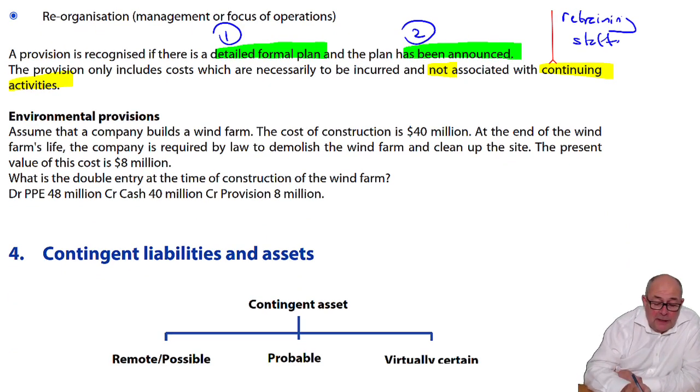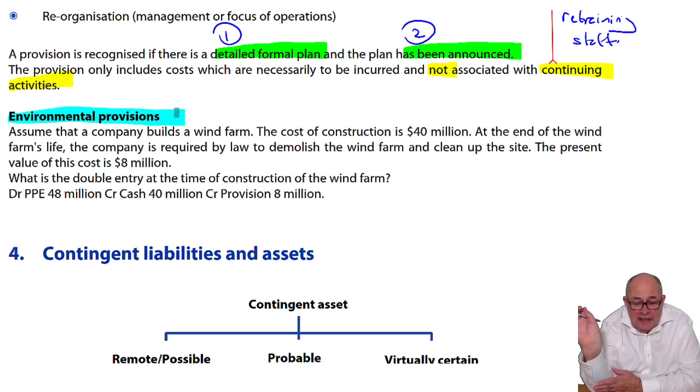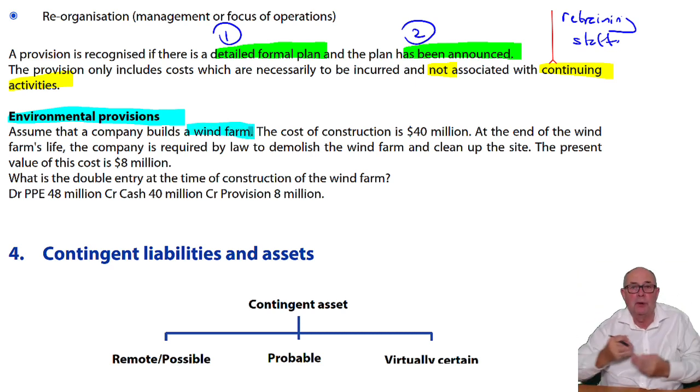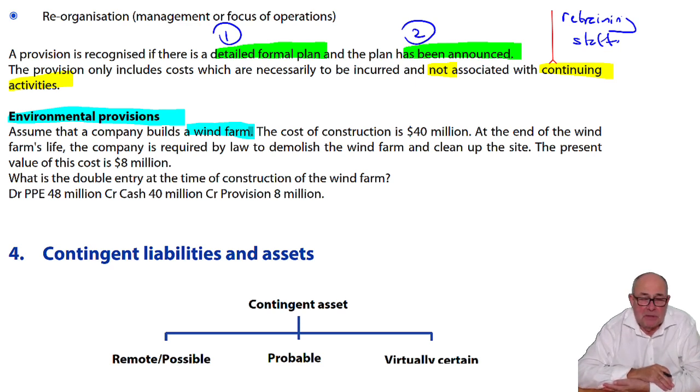Another very common provision is environmental provisions. Again, in particular, where you're concerned with the damage that's caused by an asset. So at the moment, of course, environmentally, people will do things like construct wind farms or fields full of solar panels, and at some stage those things will break or wear out and have to be removed.